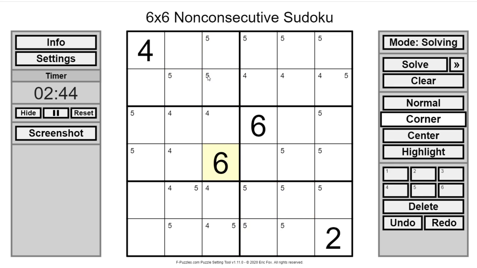Right, this 6 means that the 6 in here is in one of these spots, so a 5 here would be impossible. So now that can no longer be a 5, which means this can no longer be a 4, because it would push the 5s across. This can no longer be a 4.